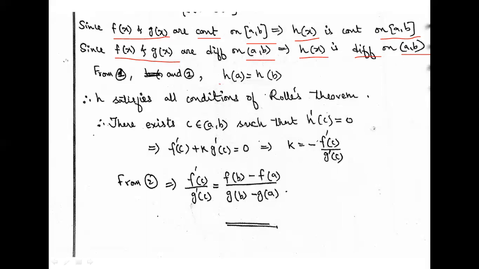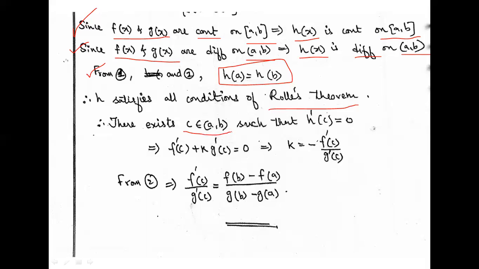Now h of a is equal to h of b. Now this satisfies all the conditions of none other than our Rolle's theorem. So now what can we do? Therefore, there exists c belonging to a comma b.